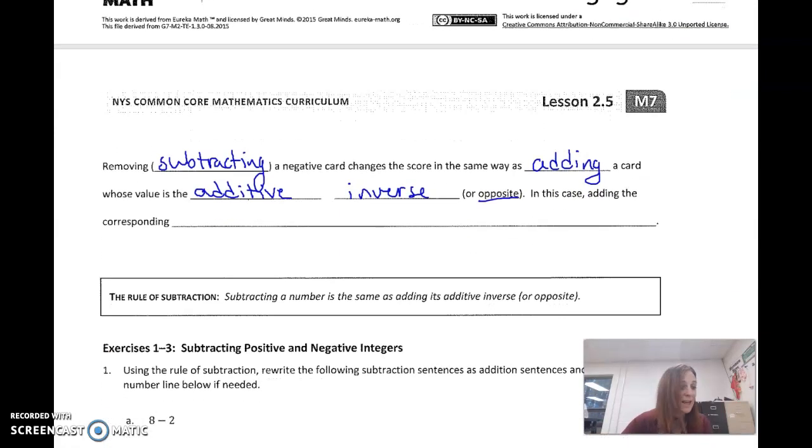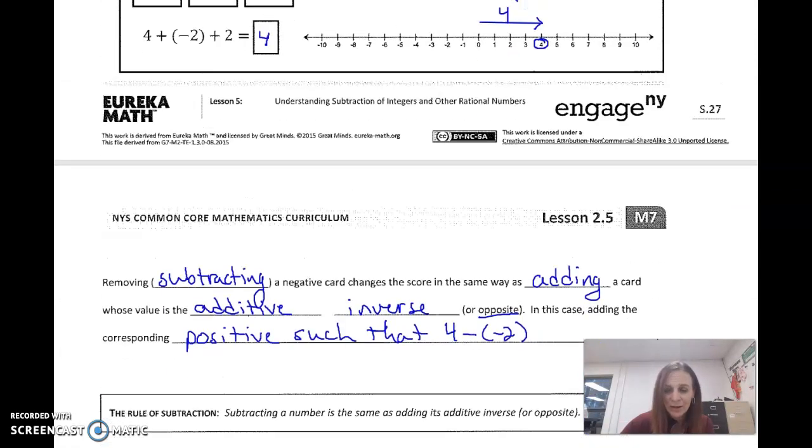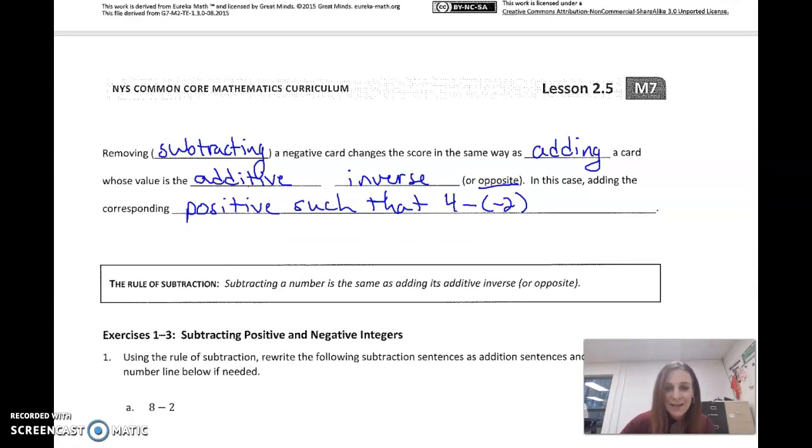In this case, adding the corresponding positive, such that 4 minus a negative 2 is the same thing as 4 plus 2. And what that means is subtracting a number is the same as adding its opposite. And I'm going to give you in the next video, hopefully, a little phrase that'll help you remember how to do that.